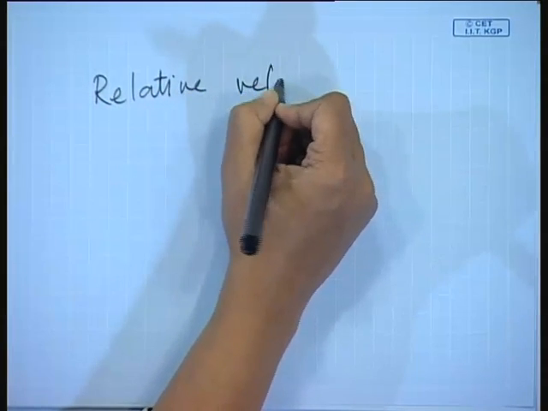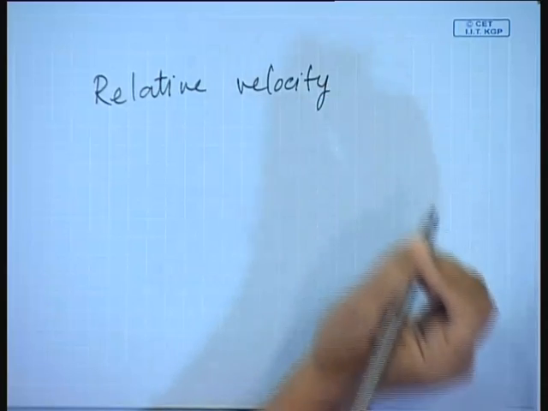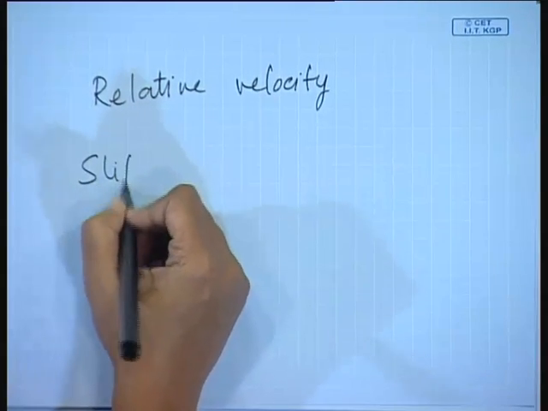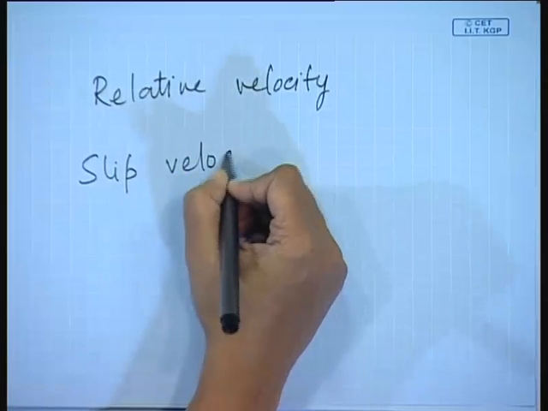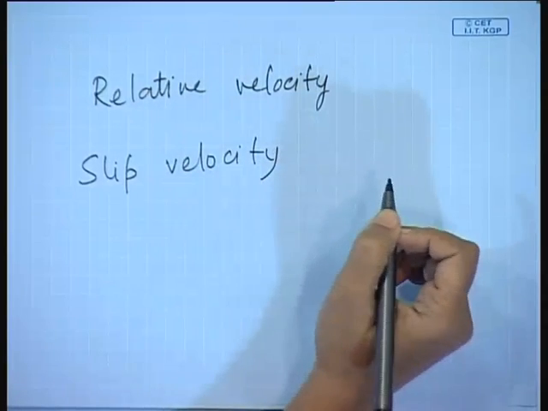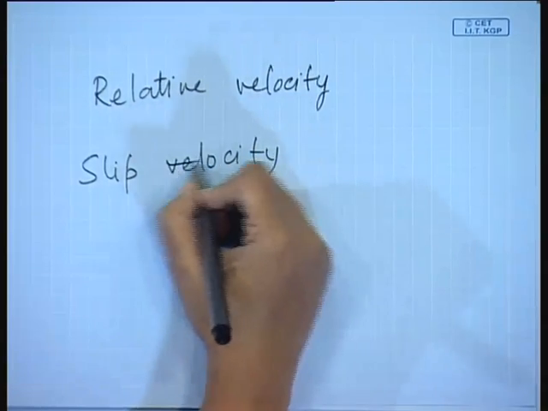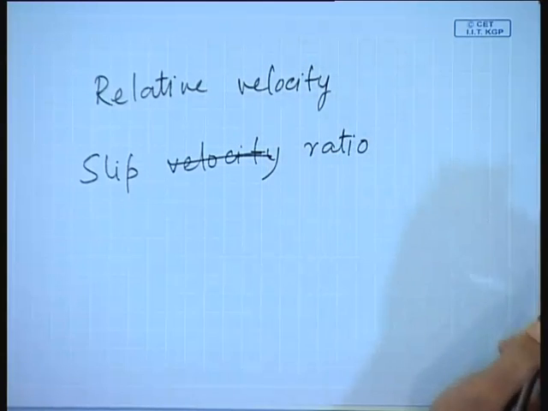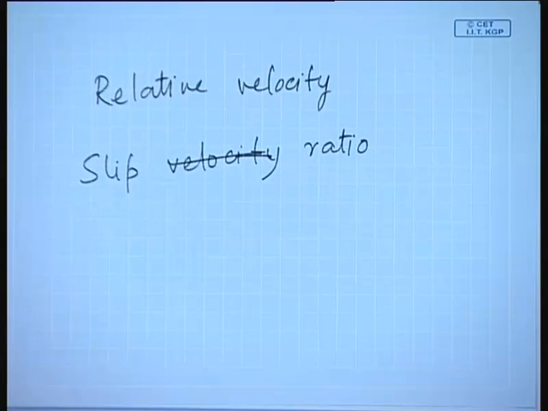Since all the problems arise due to the difference in velocity, your relative velocity and the slip velocity, these two are very important. Or slip velocity, in other words, this is usually known as the slip ratio. These two are very important.